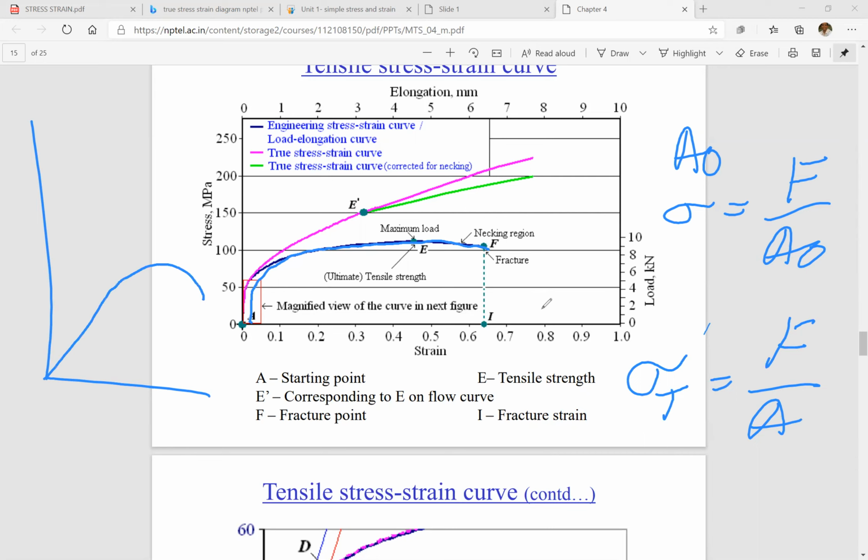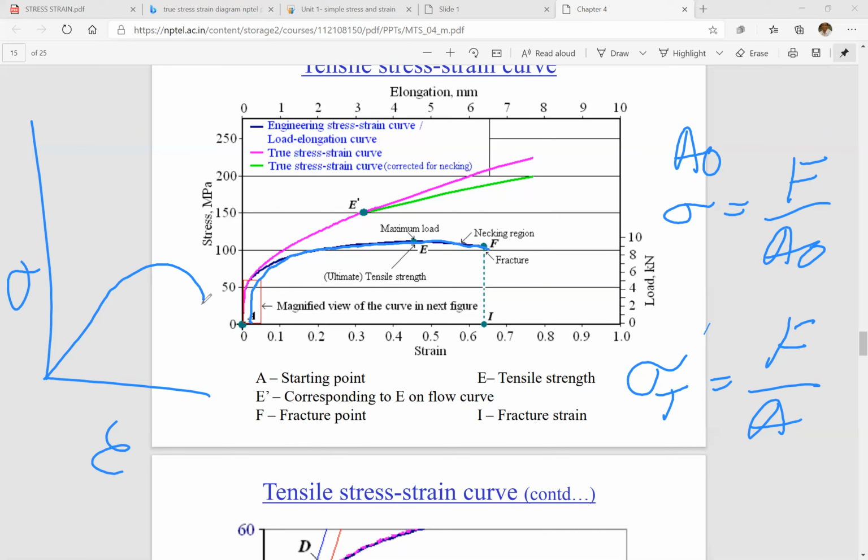In the engineering diagram, after achieving the maximum load point, the ultimate stress point, necking forms and then the stress level decreases. This is stress, this is strain.